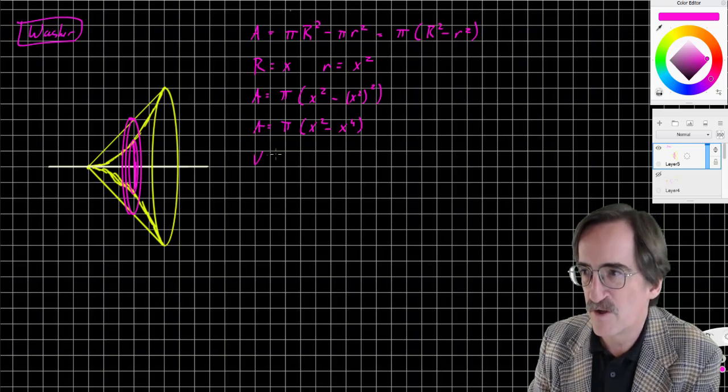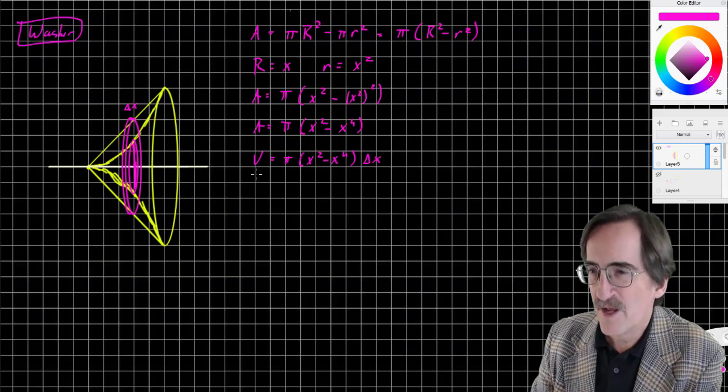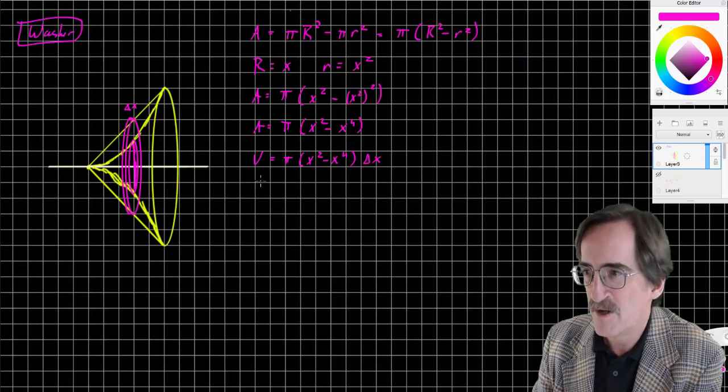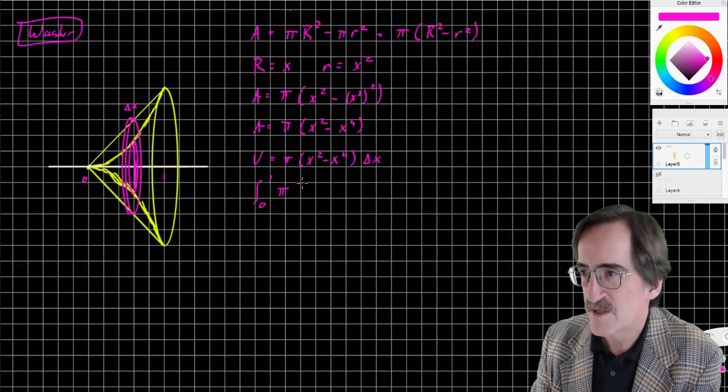Now, if we find the volume of the washer, we simply multiply that by delta x, which is the thickness of the washer. And recognizing that as slices that are going infinitely thin, and we're taking the sum, the whole shape has the integral from 0 to 1, because this is from 0 to 1, of pi times x squared minus x to the fourth dx.